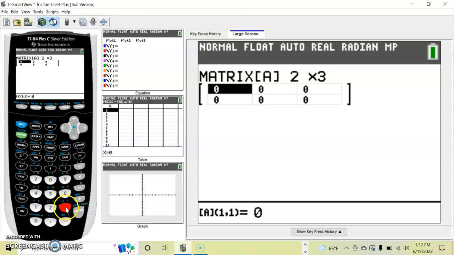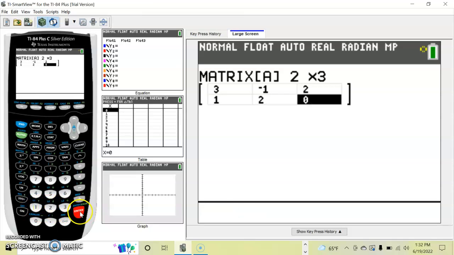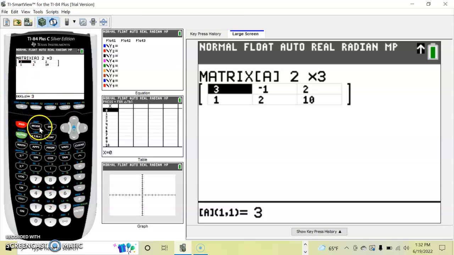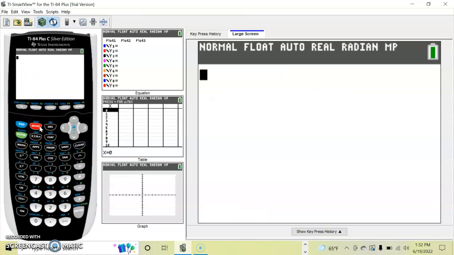And our coefficients are 3, -1, and then the constant on this first equation was 2. And then the next equation, the coefficients are 1, 2, and then the constant was 10. Okay, and so once you do that, you can just quit and the matrix will save.